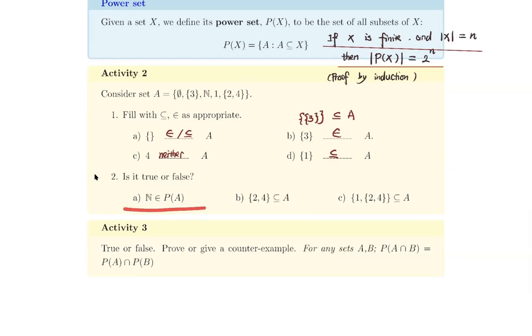Part 2, is this true or false? Number A, the natural number is an element of the power set of A. True or false? Think about what's a power set of A, okay?